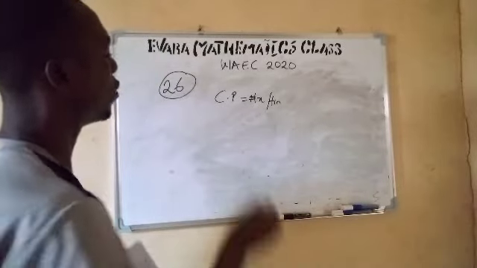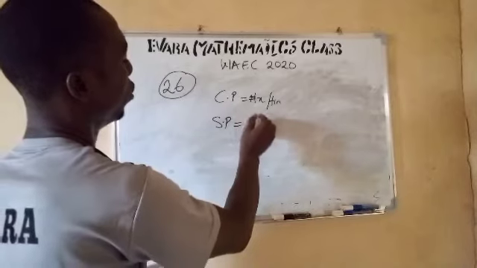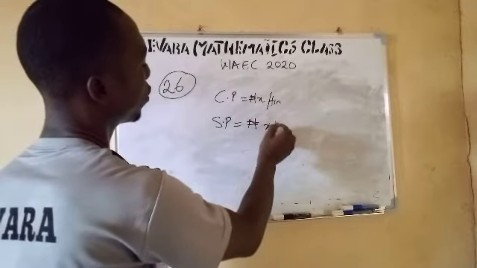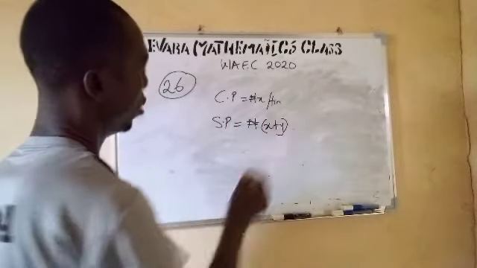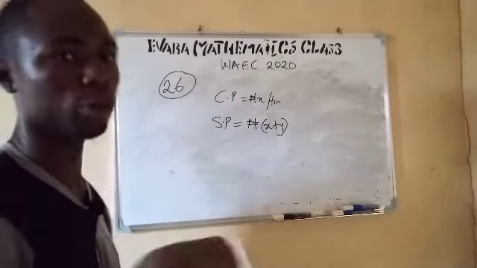Now, that means the selling price of each tin will be X plus Y. That's the meaning. Selling price is the cost price plus your profit.